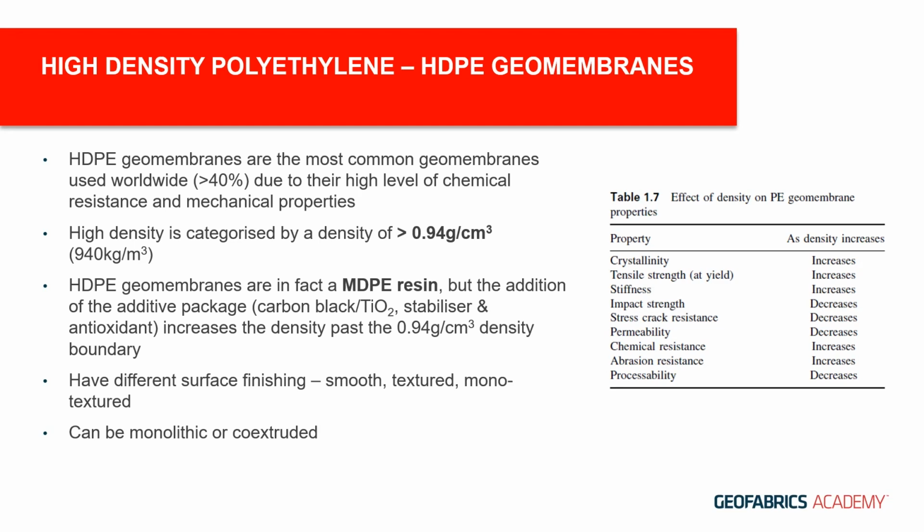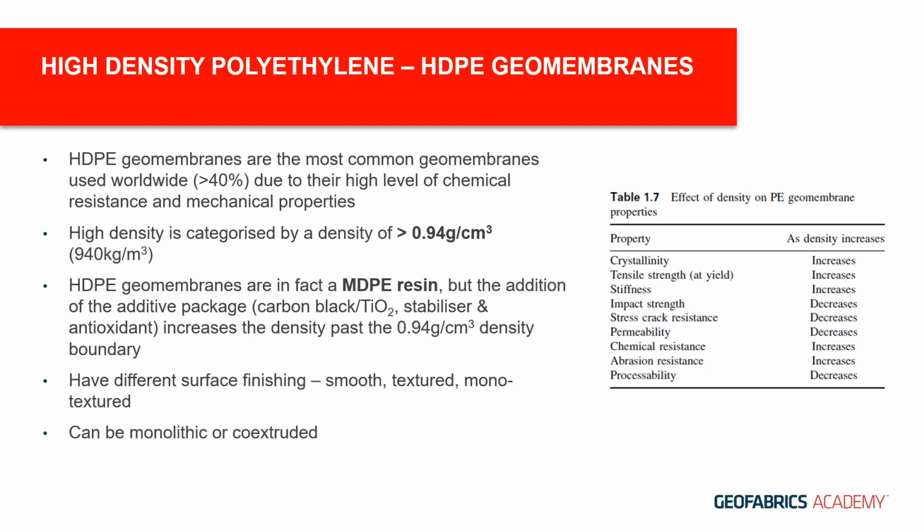The table on the right there, it indicates what effect density has on polyethylene geomembrane properties. So as the density increases, the crystallinity of the membrane increases, and it's the high level of crystallinity that gives HDPE its high level of chemical resistance and its high mechanical properties.